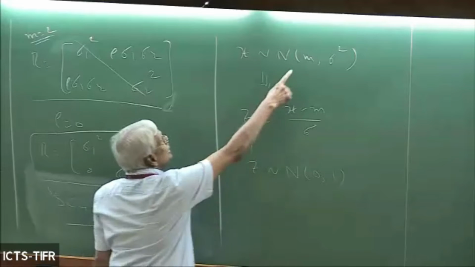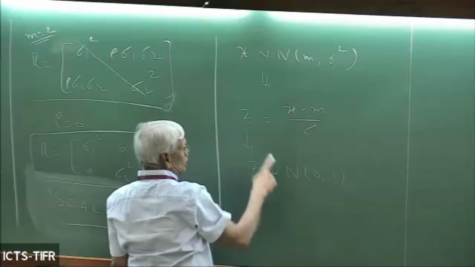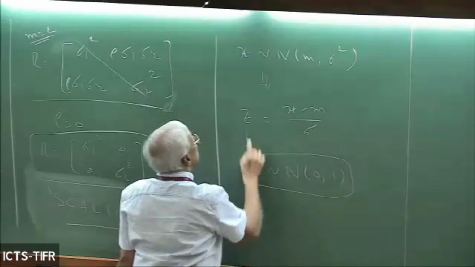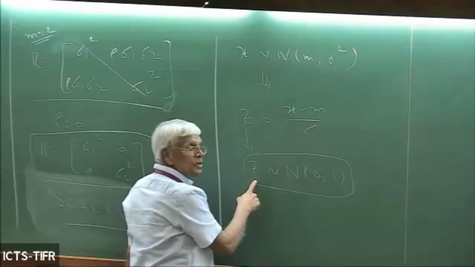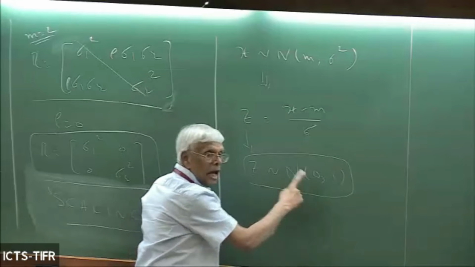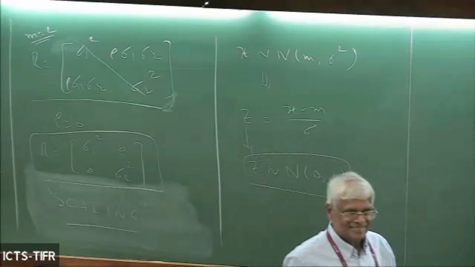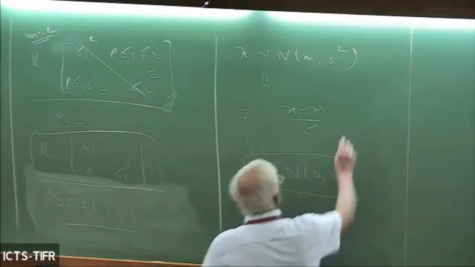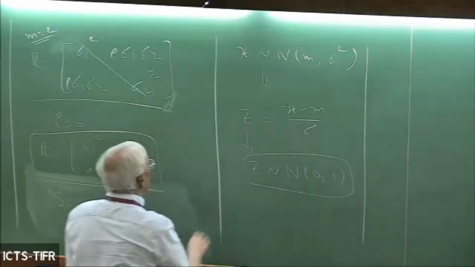I'm subtracting the mean from the random variable and normalizing it by the standard deviation. The z is the normalized version of x. And what is the beauty of z? The z has 0 mean and unit variance. How many of you are with me? That's what is called the z-score in statistics. You may remember that. Z-scores. So this is the way you do the z-scores for a single random variable.